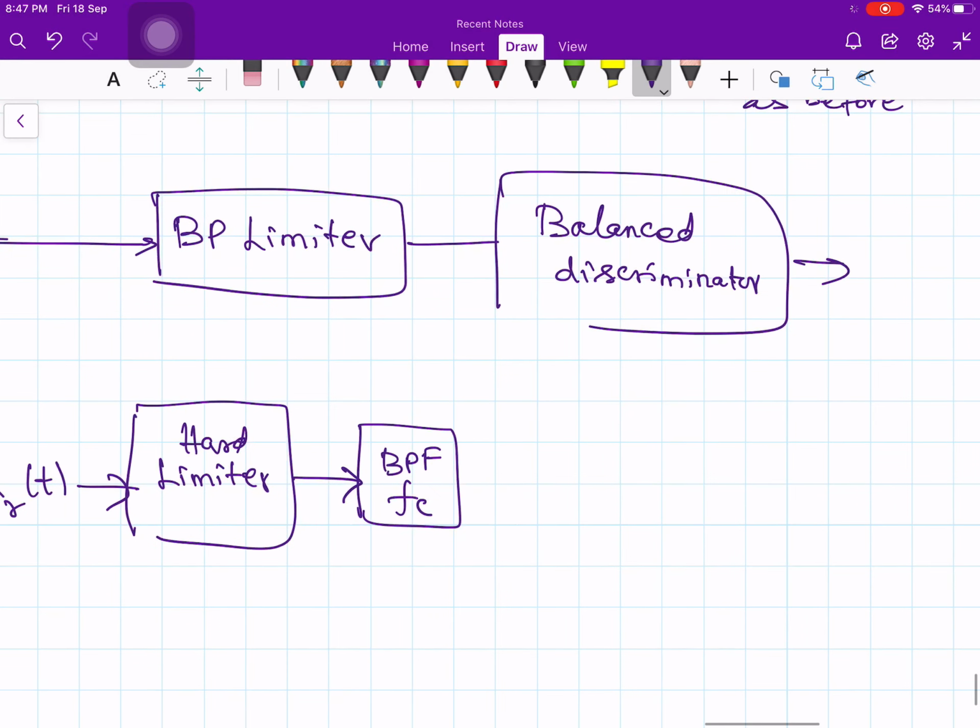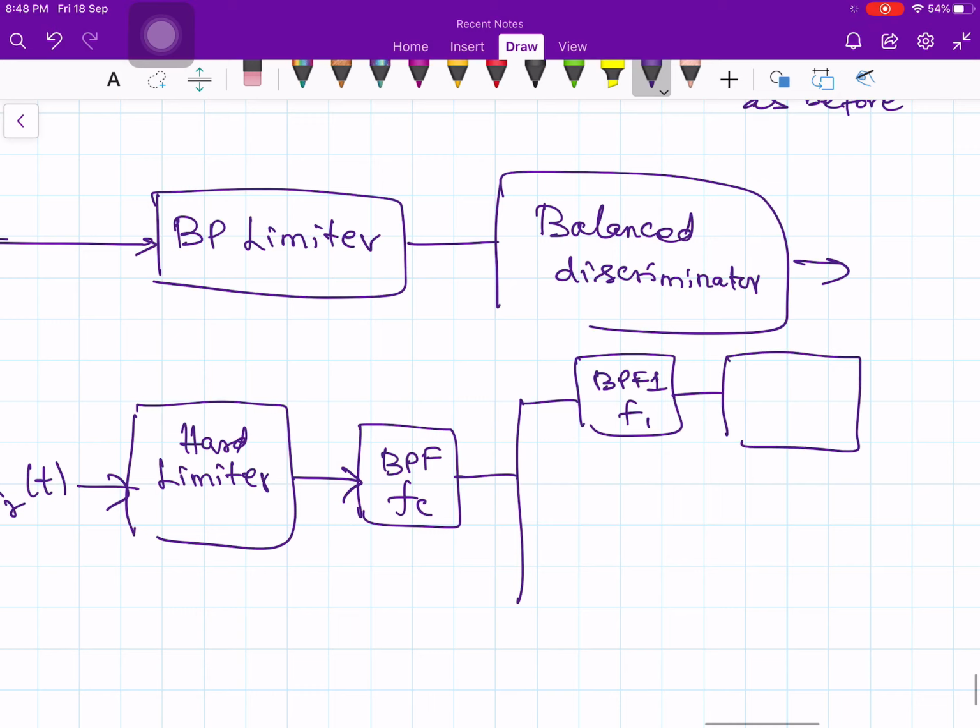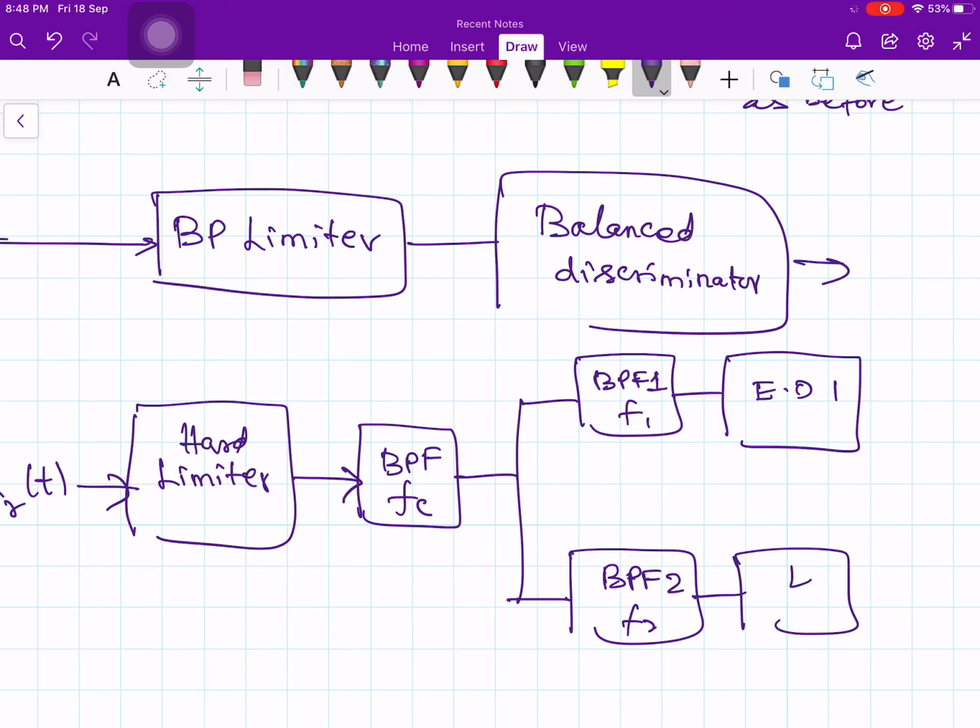And now in the balanced discriminator, I have two bandpass filters, filter 1 tuned to the frequency, let's say F1, and this one is envelope detector 1. In the lower arm I have bandpass filter 2 at F2, and this one is envelope detector 2, and this output is plus minus, and this is my final message signal.